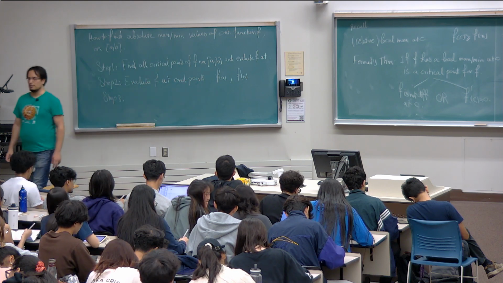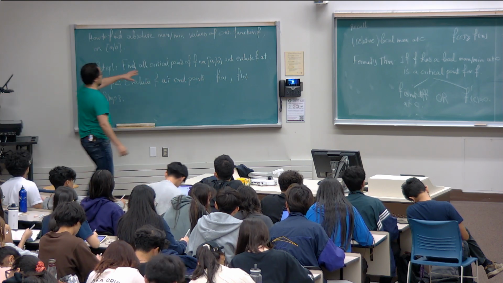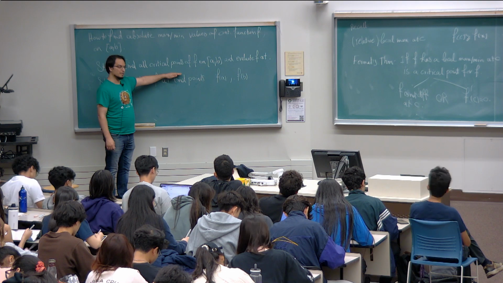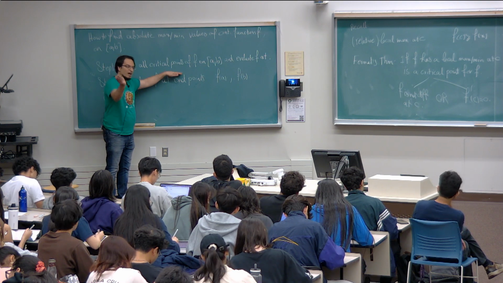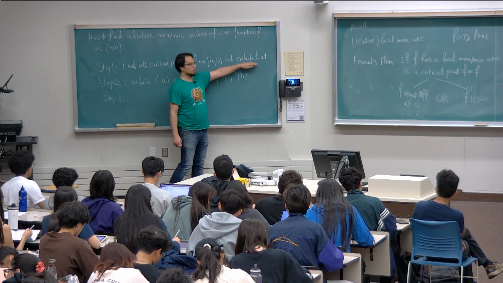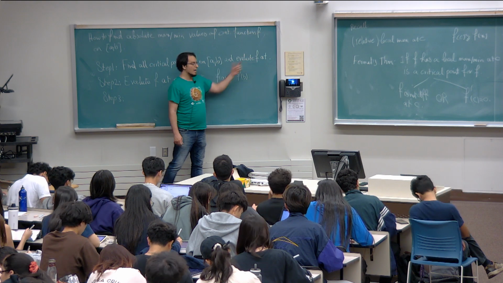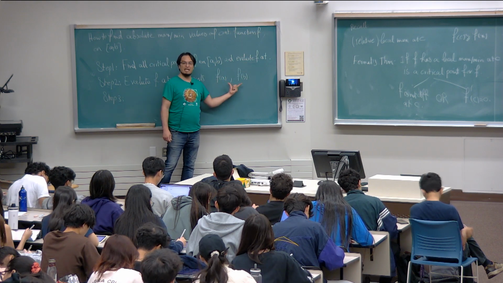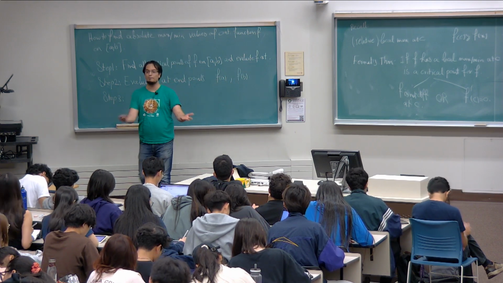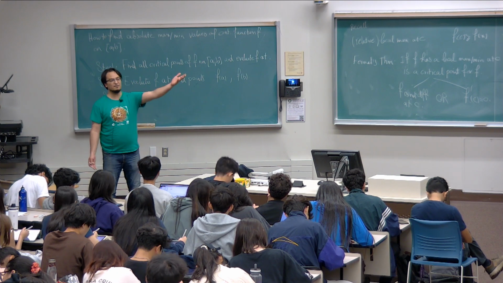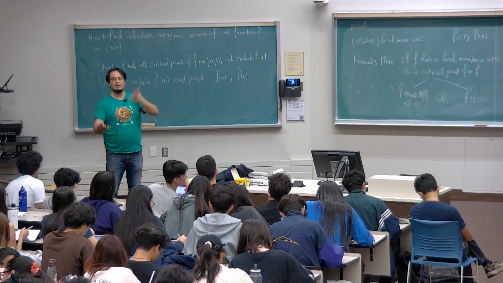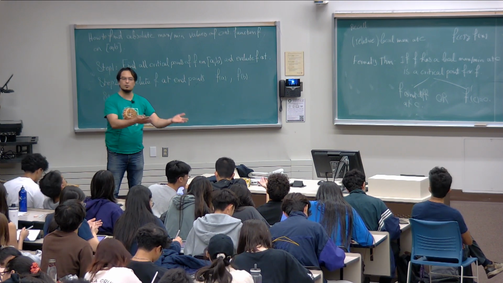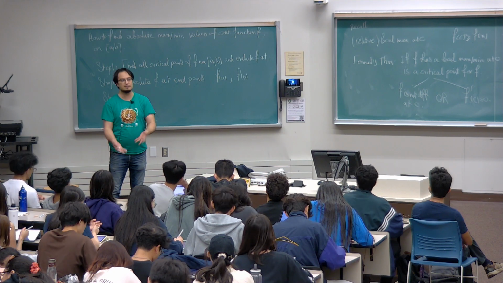Now, I have a bunch of critical points inside that interval. Say there are 5 of them. I evaluated the function at those 5 points. I evaluated the function at the end points. Together, I have 7 points. The highest value of those 7 points is the absolute max. The lowest one is the absolute min. That's simple.